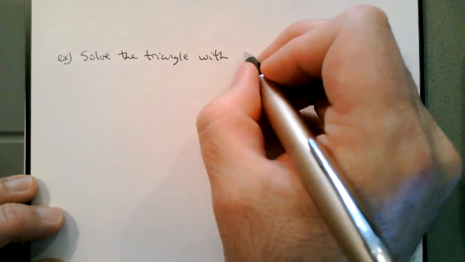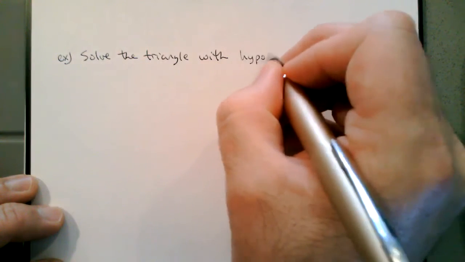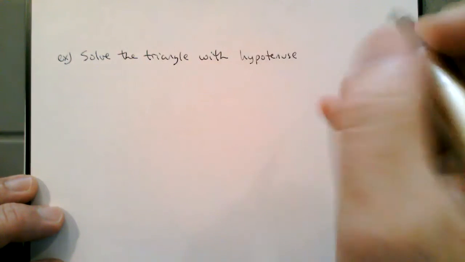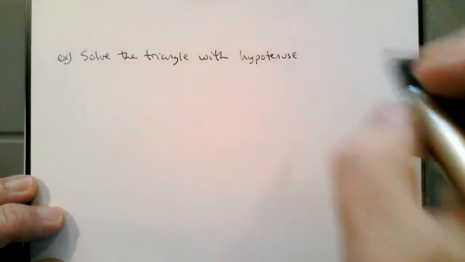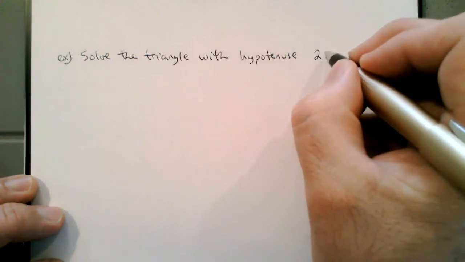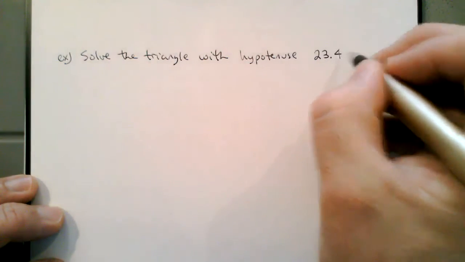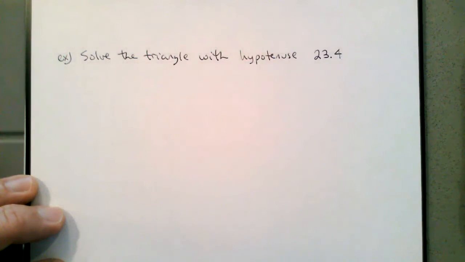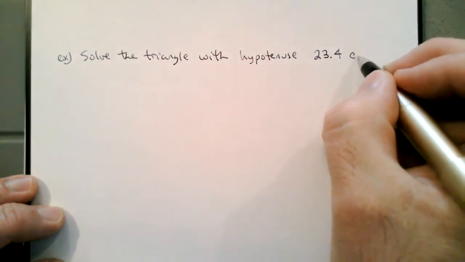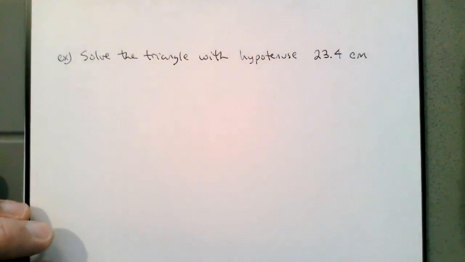we have a triangle with a hypotenuse of 23.4. I don't want such a big problem as the last one, so I'm going to reduce the size, centimeters.